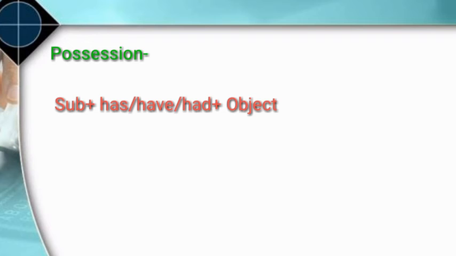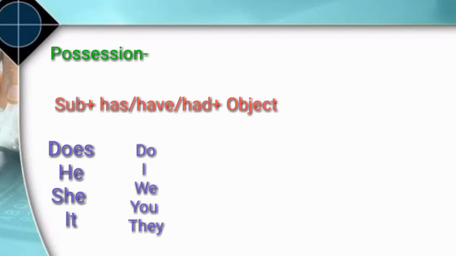So now let's understand where we use does and where we use do. Does is always used with a singular noun, but do is always used for a plural noun. So she does not, he does not. But if you want to use do, you have to use I, we, you, they.